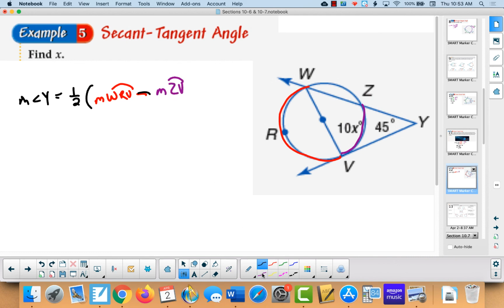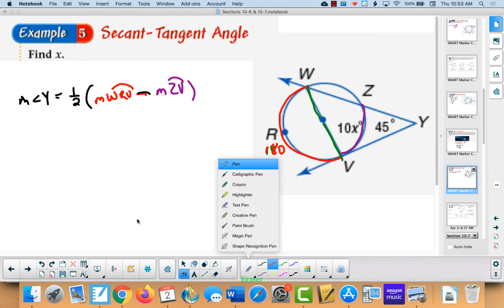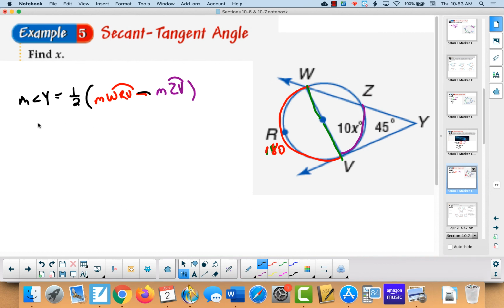Now I know the measure of ZV, but it's 10x, so I need something to plug in here. So we have to notice a diameter right here. This is the diameter of the circle, which makes this a semicircle, which makes that 180 degrees. Now I have enough to plug in to be able to solve for x.